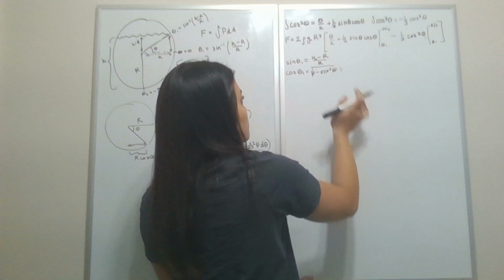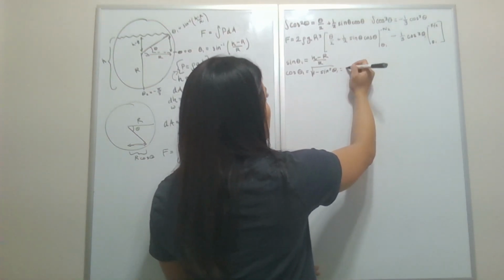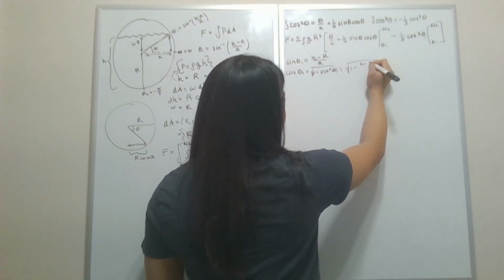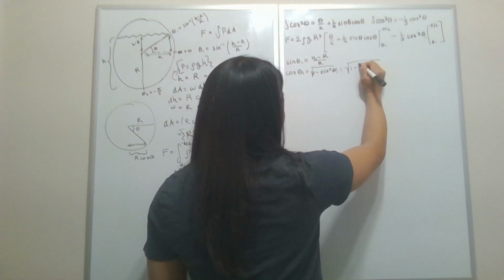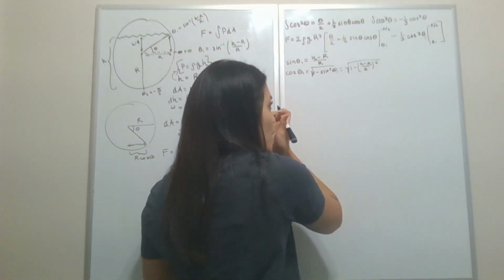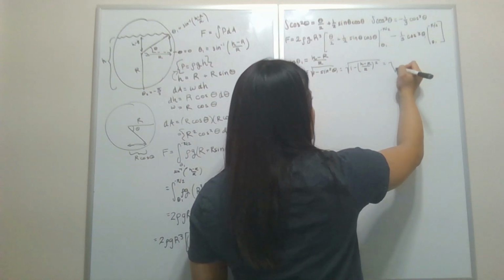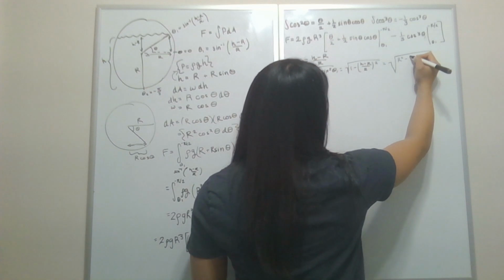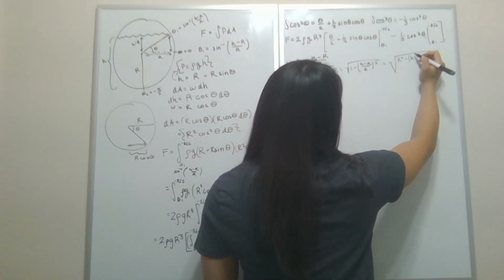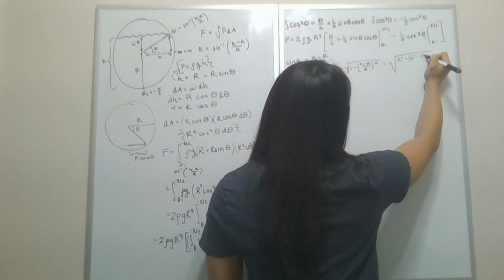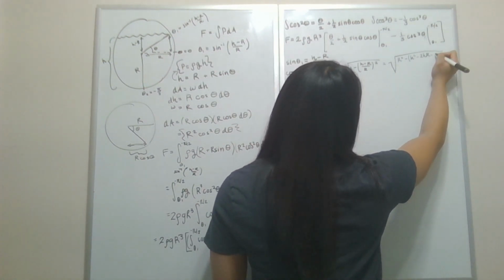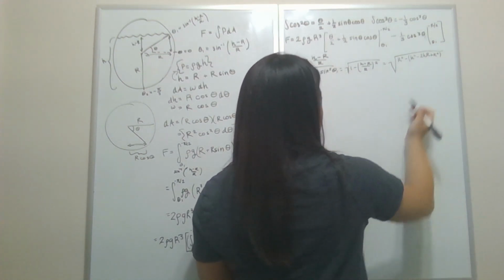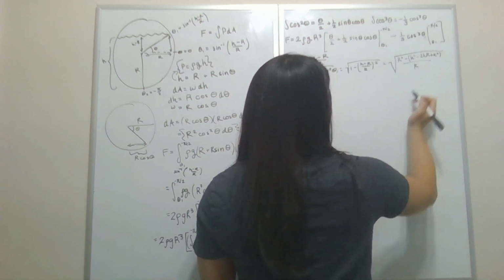Plugging sine of theta 1 in, we get the square root of 1 minus the quantity of the height minus the radius over the radius, squared. Simplifying further, it gives us the square root of the radius squared minus the quantity of the height squared minus 2 times the height times the radius minus the radius squared plus the radius squared, divided by the radius squared.